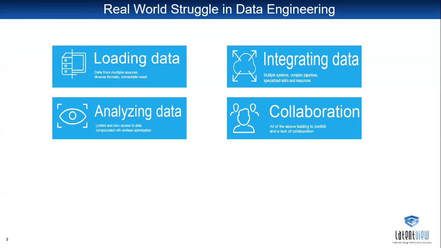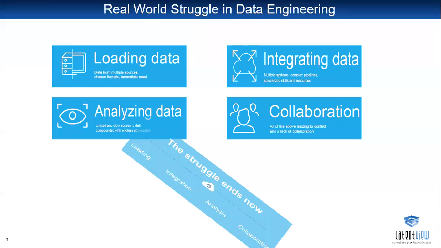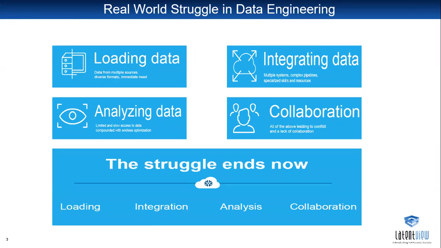So this is the current struggle we face actually, and we have solutions. I won't say there is no solution. We have solutions for everything, but Snowflake gives you a one-stop solution where it helps you in loading, integrating, analysis, and also collaboration.